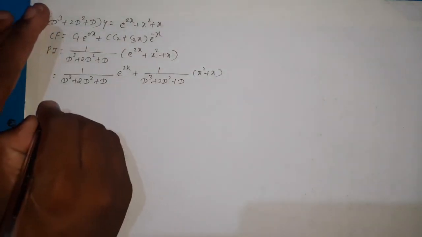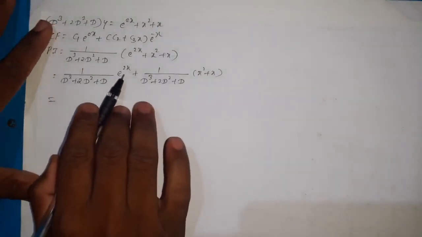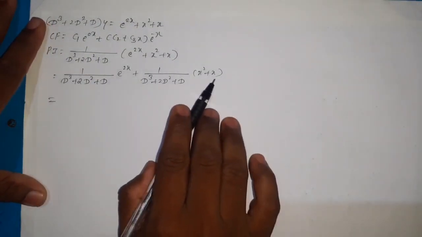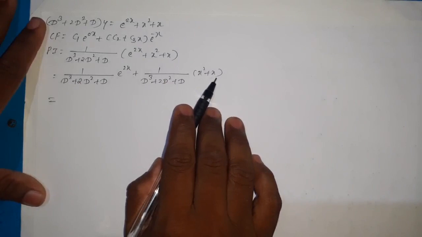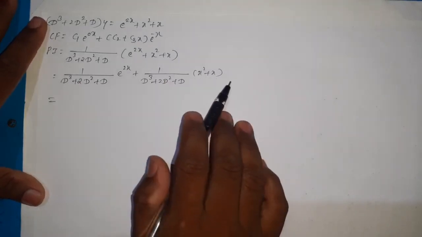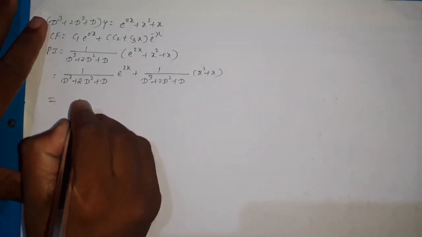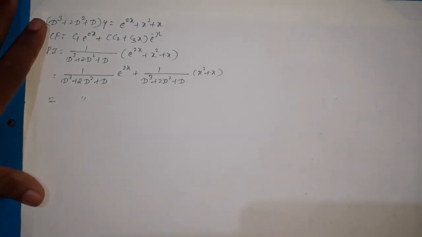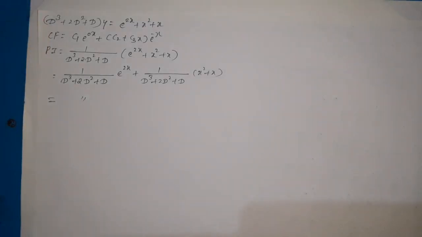So here e power 2x is the first function and x square plus x will be the second one. So for the first one I am not giving the solution because it is the particular integral of the first type.